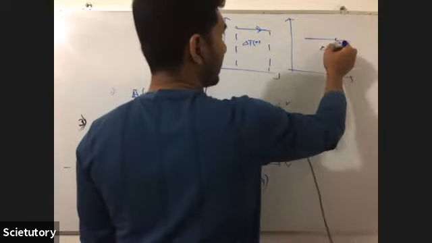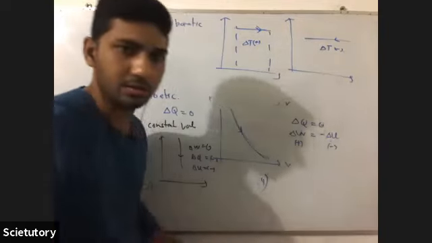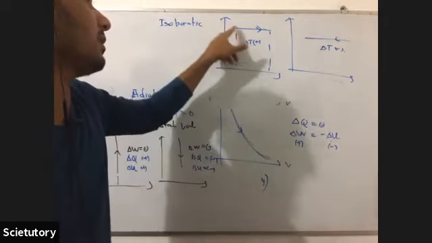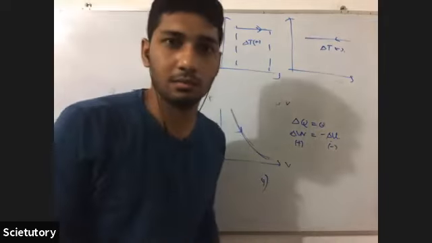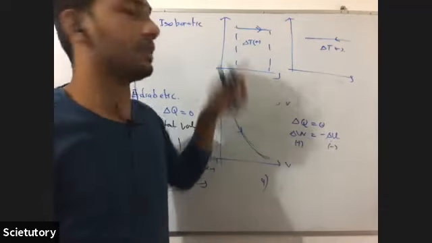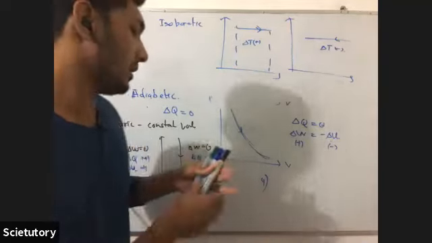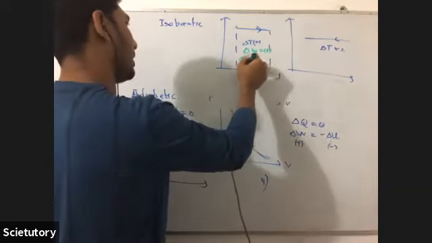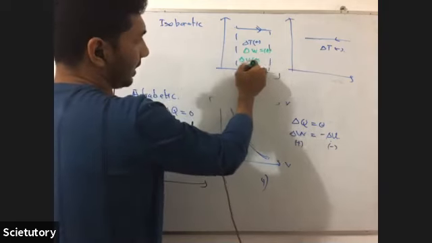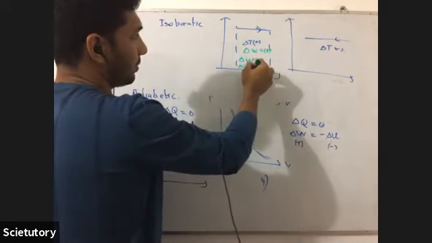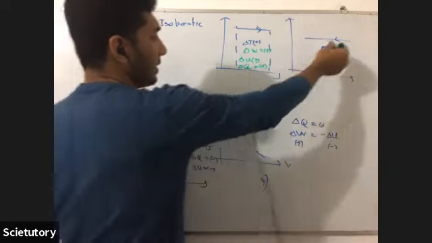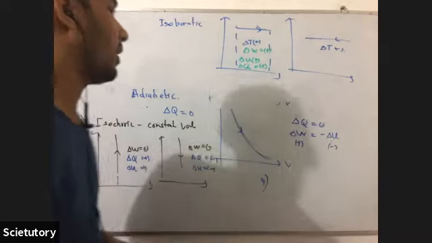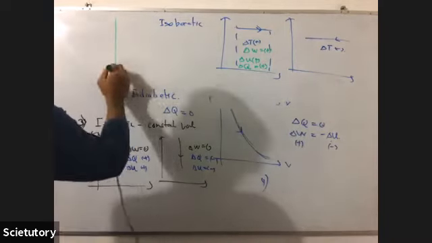Here the volume decreases, so delta T should be minus, because in PV equals nRT, if the volume is increasing without a change in pressure, the temperature should increase. So delta W is plus, delta U is also plus, so delta Q should also be plus. Here it's the other way. And how do you find delta W in a PV graph?